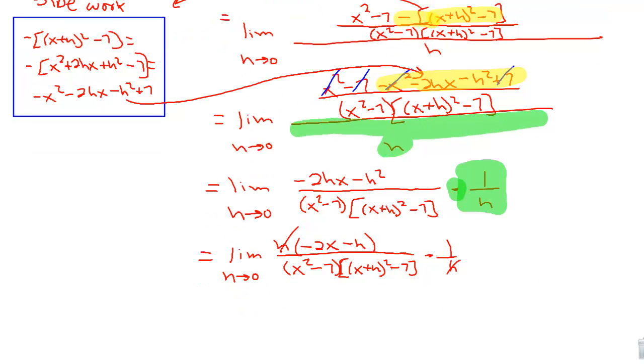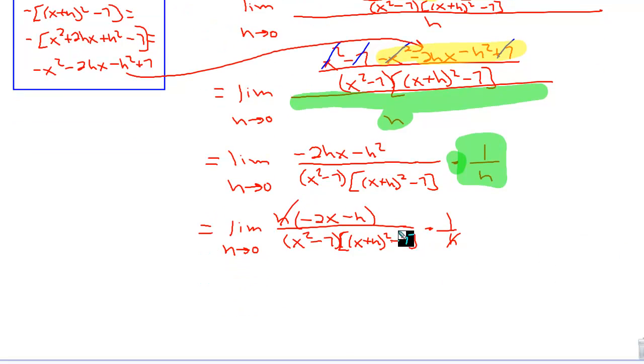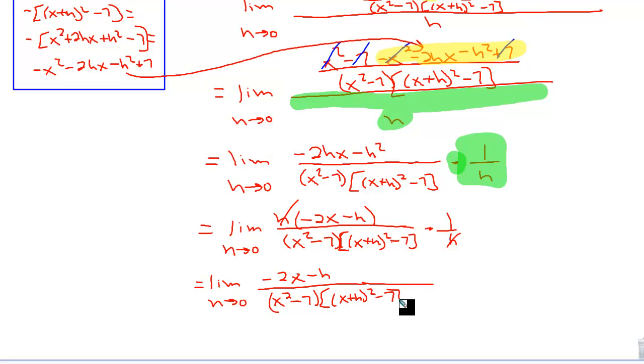You can cancel that h then from the top and the bottom. Canceling meaning divide the top and bottom by that number. So what's left? This is what's left. You can now evaluate the limit. That means replacing all the h's with 0, because it says h is approaching 0.